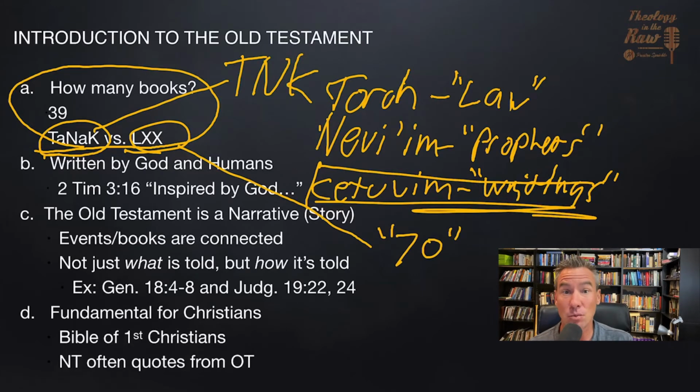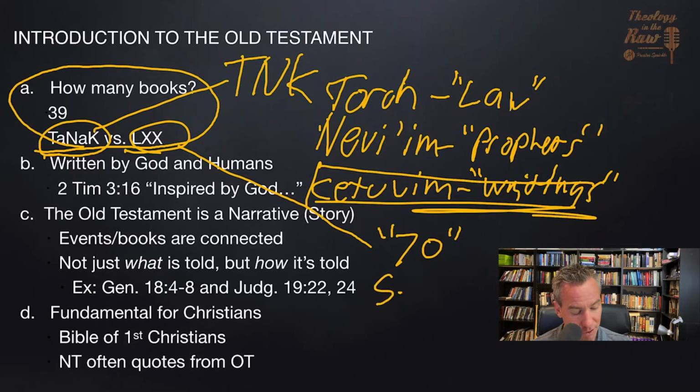Okay, and another reason why it was translated into Greek is because you had some Gentiles that were becoming fascinated with the kind of mysterious Hebrew scriptures, and so they wanted to read the scriptures on their own, according to tradition. We're not sure exactly how it all went down, but we do know around the year 200 BC, the Hebrew scriptures were translated into Greek.